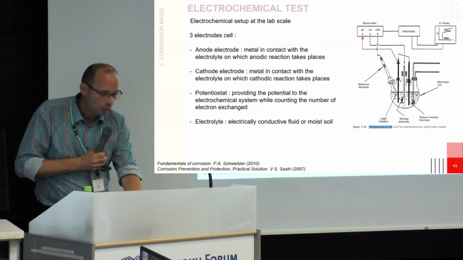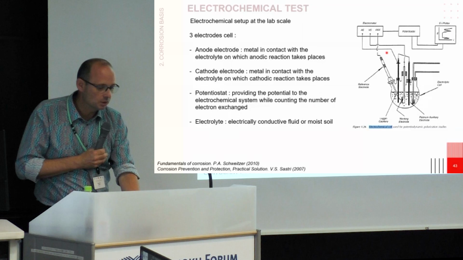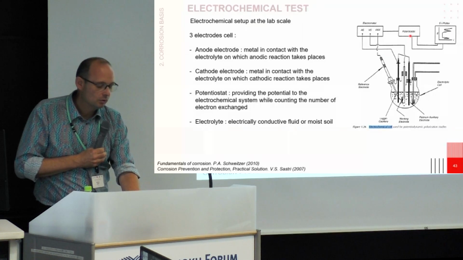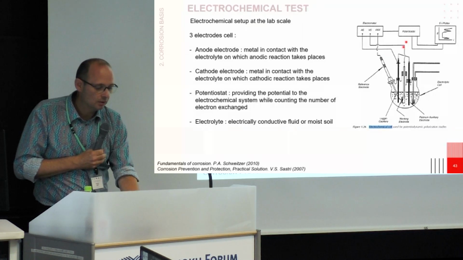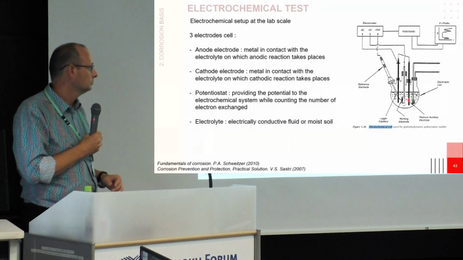And a setup which is called a potentiostat. With the potentiostat, what you are doing is you apply a potential to the metal. The metal will try to release electrons. Instead of releasing electrons and reacting directly, you take the electrons, you count them, and you give back the electrons to the second electrode.